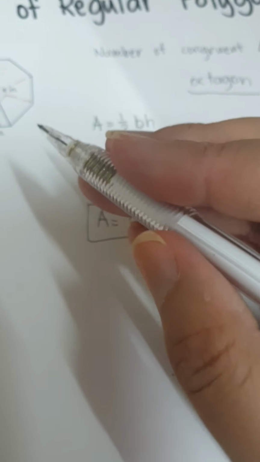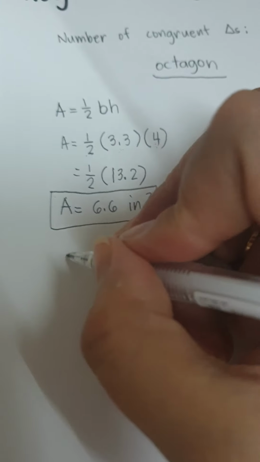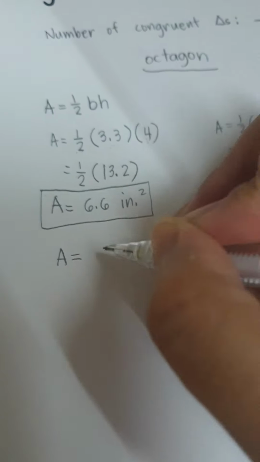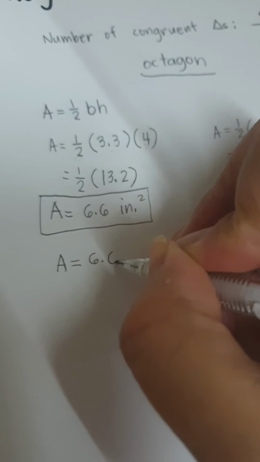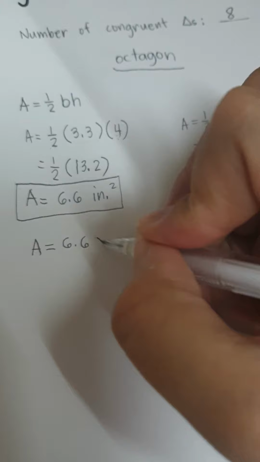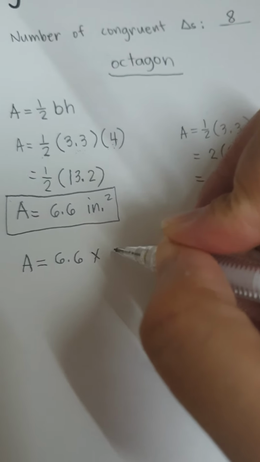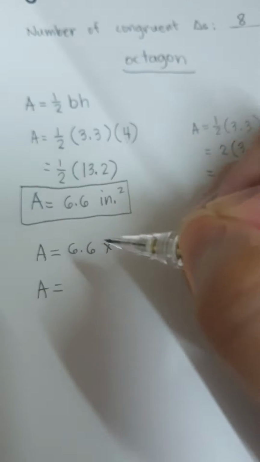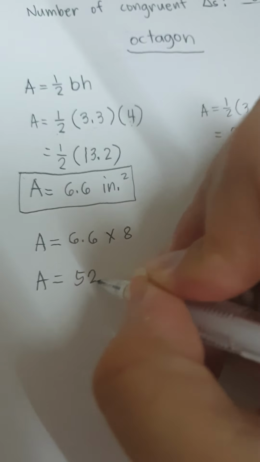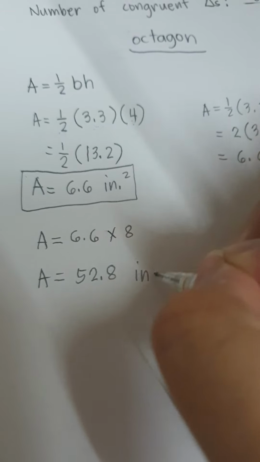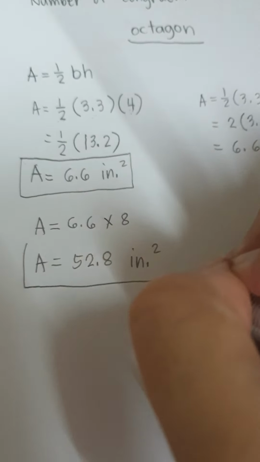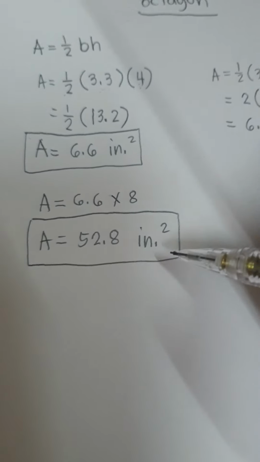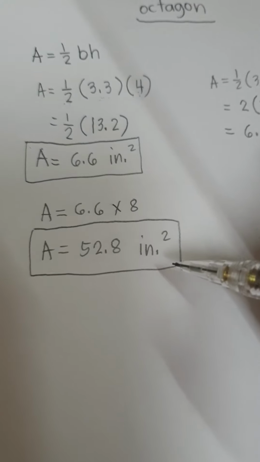Since we have here an 8-sided polygon, or a polygon with 8 congruent triangles, then to find the area of the whole polygon, we will just multiply the area of one triangle by the number of congruent triangles, that is 8. And when we multiply that, that will give us 52.8 square inches. So the area of our regular polygon here is 52.8 square inches.